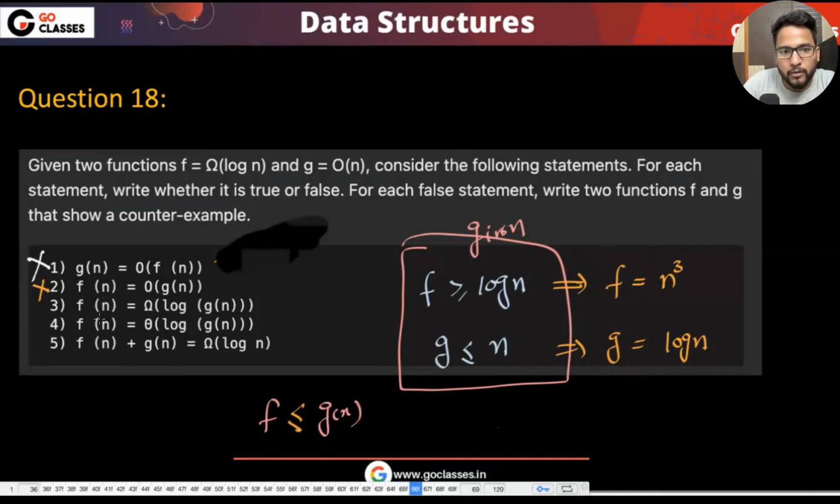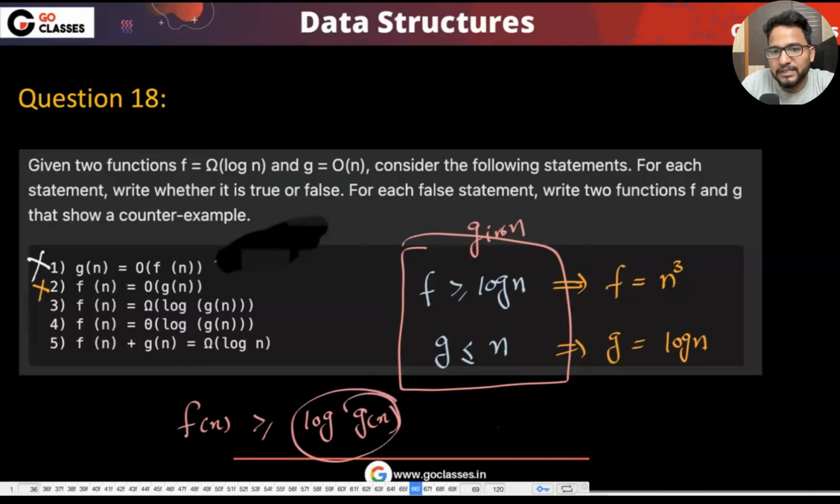Okay. Let's talk about C. In C, they are saying that F of n is greater than or equal to log of Gn. You take the maximum of Gn, which is n, then also it is holding, right?